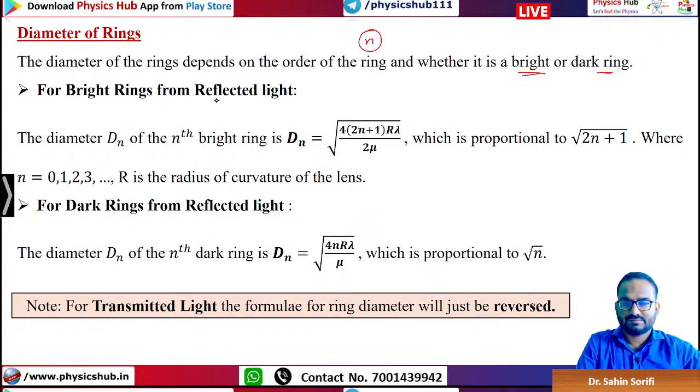For bright rings from reflected light, the diameter Dn of the nth bright ring will be the square root of 4 times (2n plus 1) r lambda by 2 mu. Here 2n plus 1 denotes odd numbers, right?